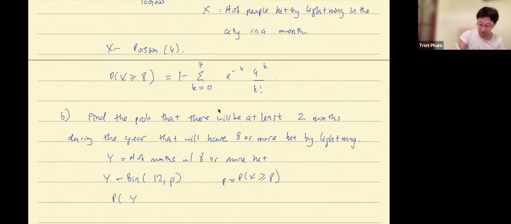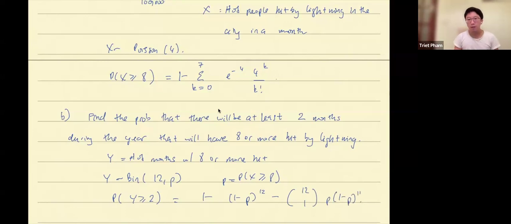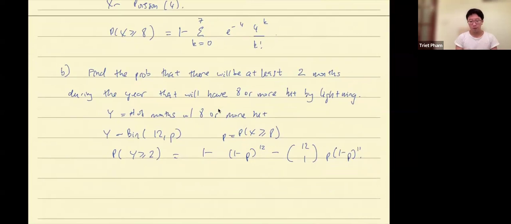Therefore, probability Y bigger than or equal to 2 will be 1 minus probability Y equal to 0, which is 1 minus p raised to the 12, minus probability Y equal to 1. Any question?